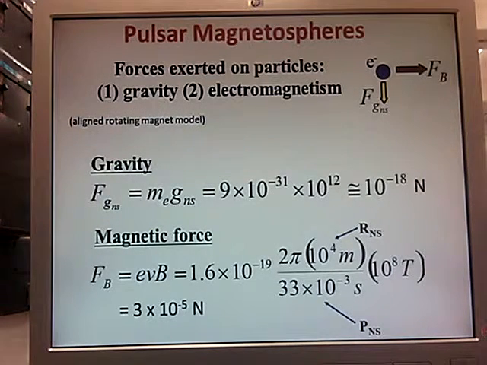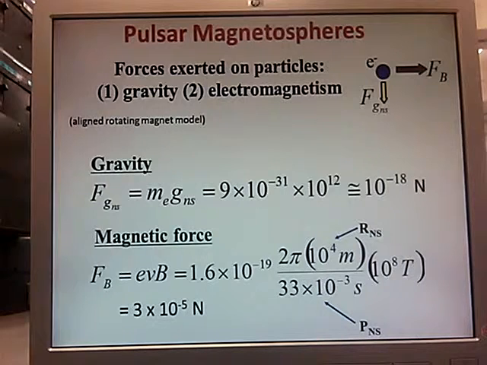In particular, we can go ahead and compute and check that indeed this overcomes the gravitational force, or at least that the magnetic force on these particles is more significant than the gravitational force once they're liberated. So they'll spiral along the field lines, and that'll be the dominant effect. Just by direct computation, the force of gravity on some particle is just m times the gravitational acceleration at the surface.